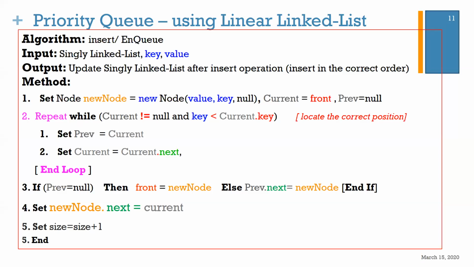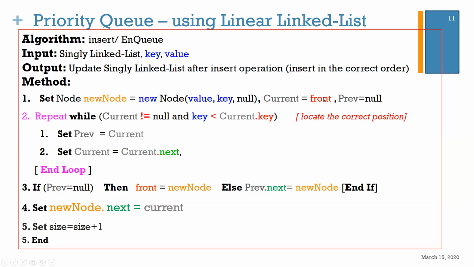To insert or enqueue, the input is a given key and value for a single linked list. Our output is the insert operation, inserting in the correct order. First, create a new node of the priority queue linked list, and initialize current and previous.